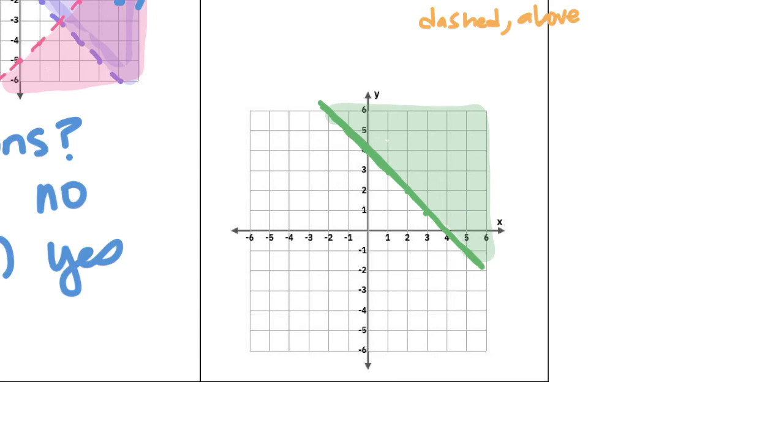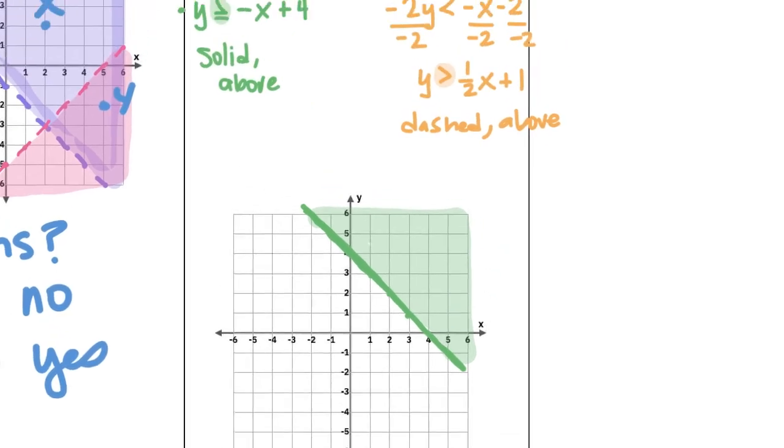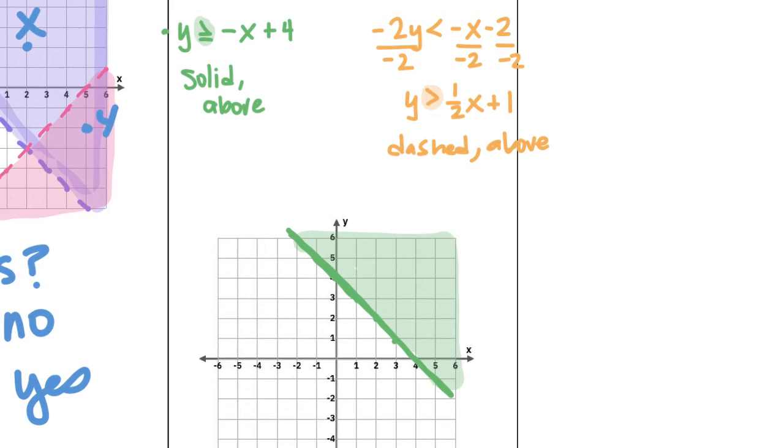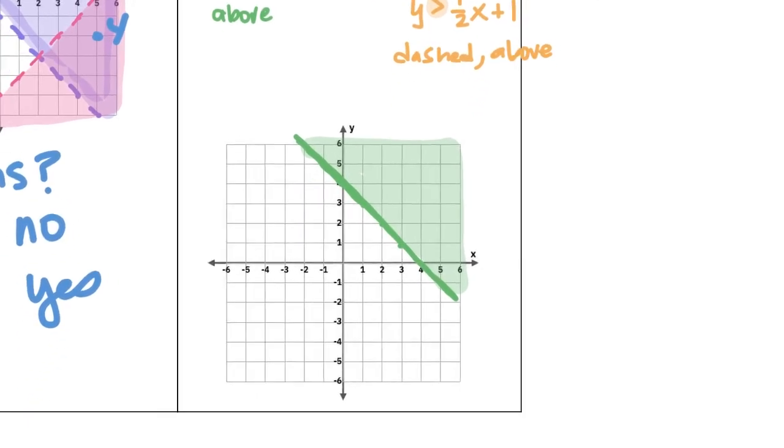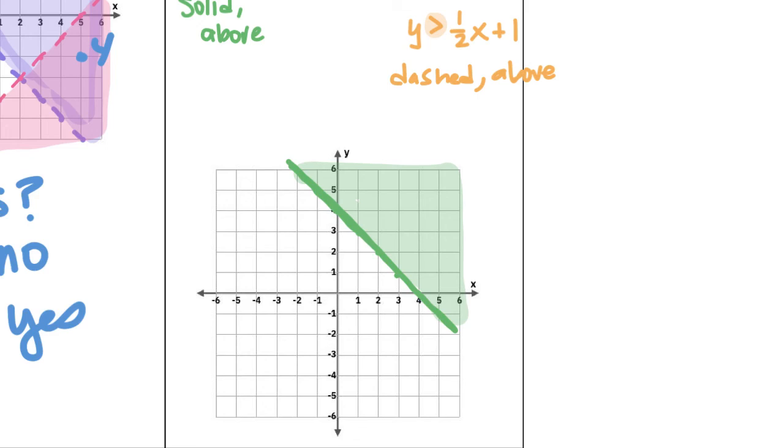Okay, now let's do the orange one. That one is y is greater than 1/2 x plus 1. It's going to have a y-intercept at positive 1. Its slope is 1/2. So that means starting from that y-intercept, up 1 over 2, up 1 over 2, up 1 over 2. But we're going to use a dashed line when we do that.